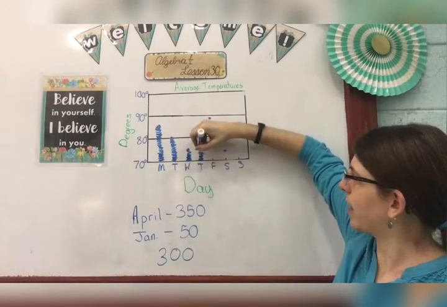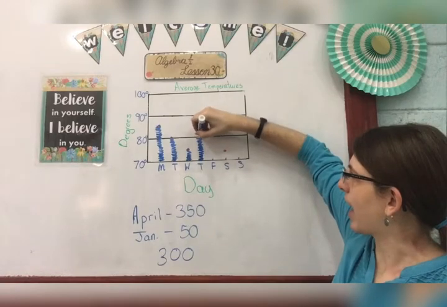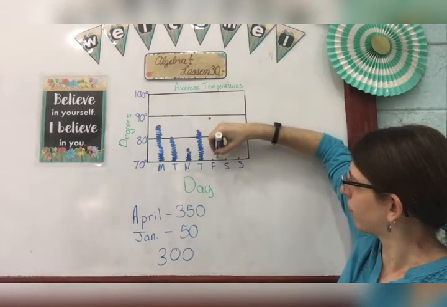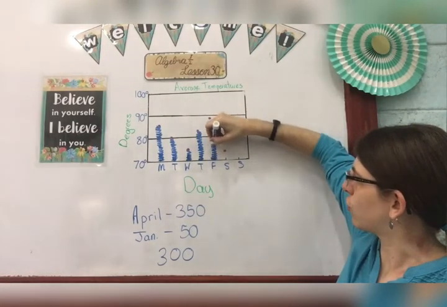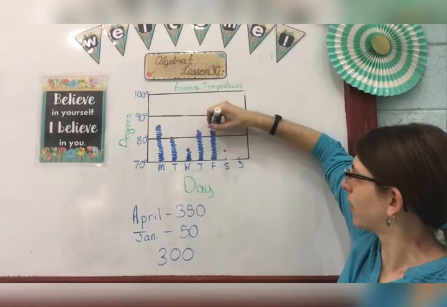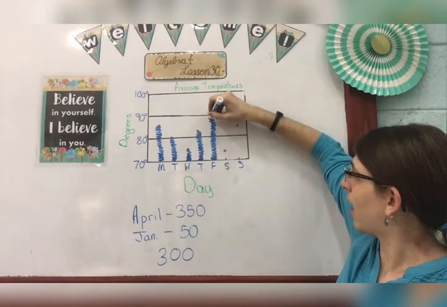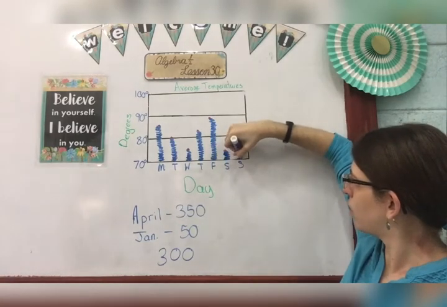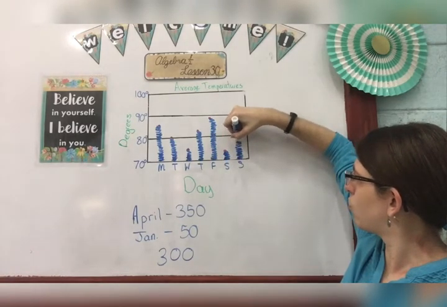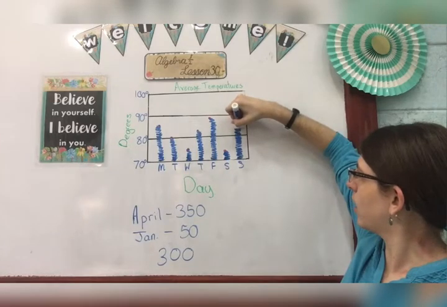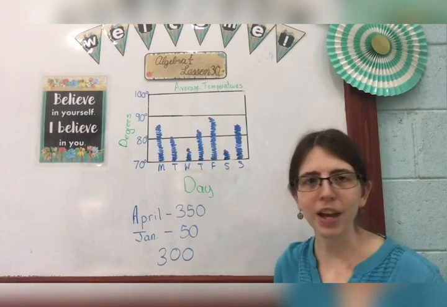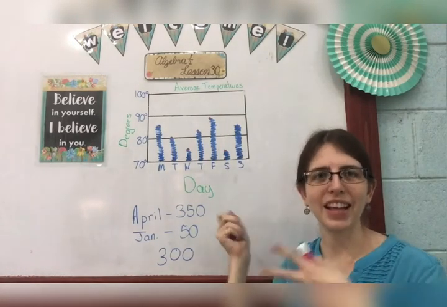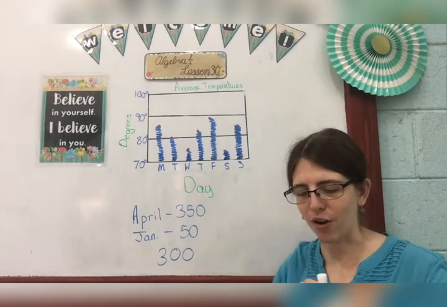And this is showing the information that I have. So I just draw my bars up to my points. Moving all the way up. There we go. Okay? And that's an example of creating a bar graph.